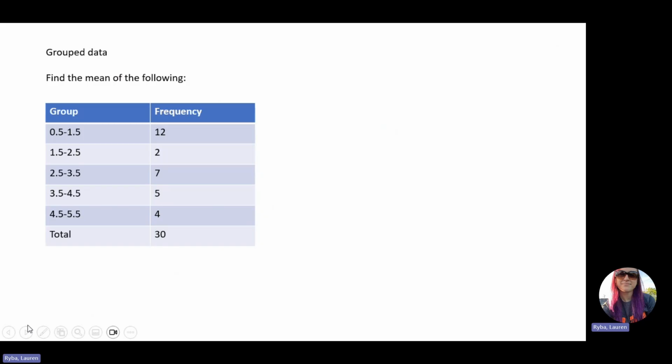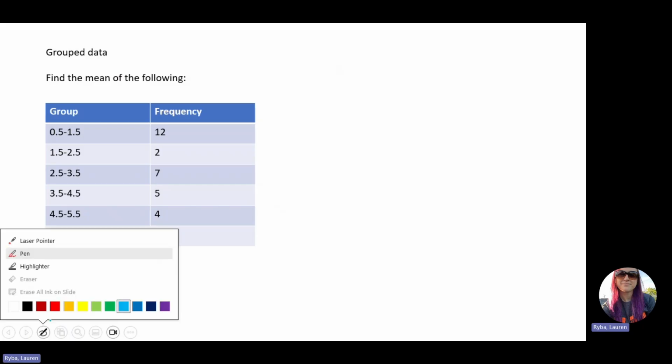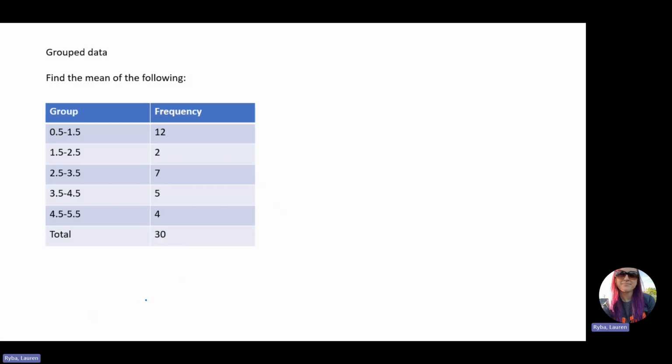The only thing that may be a little new is if you have grouped data, how we would then find the mean of the grouped data. What we have to do to find the mean of grouped data is take each midpoint times the frequency.